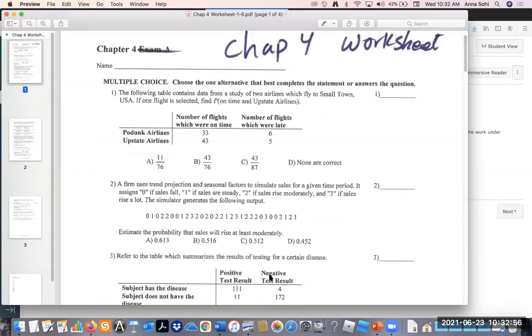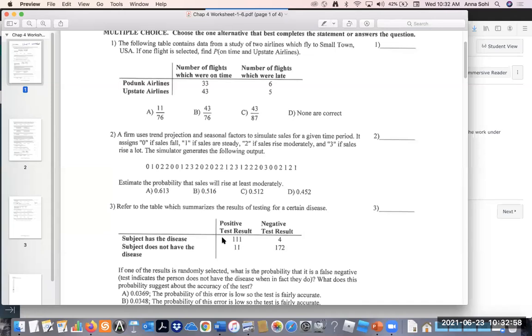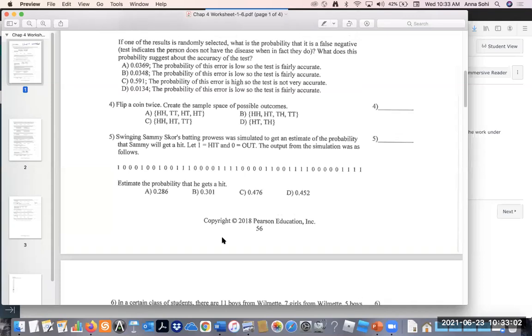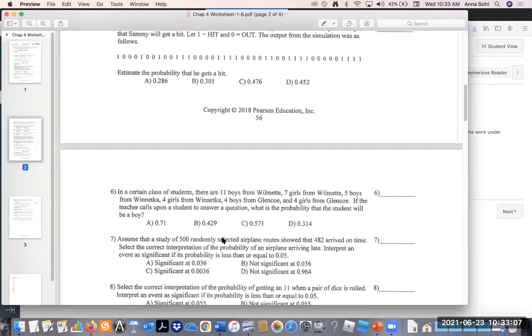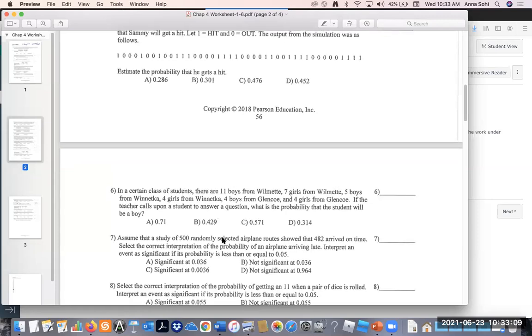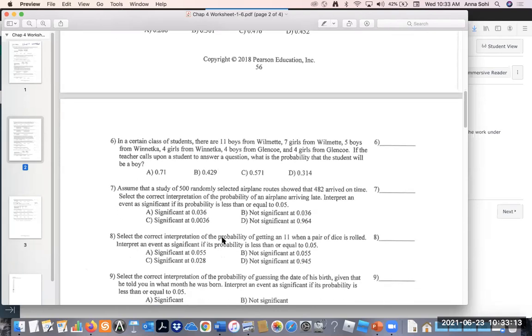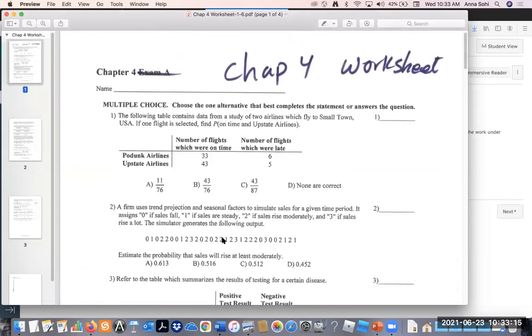Okay, let's do some of these. That's the main idea of what we need to learn in this chapter, basically. I'm going to ask you questions and you tell me what the answer is. So let's look at number 1.